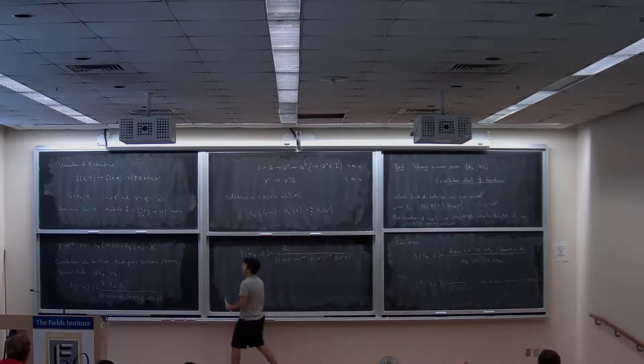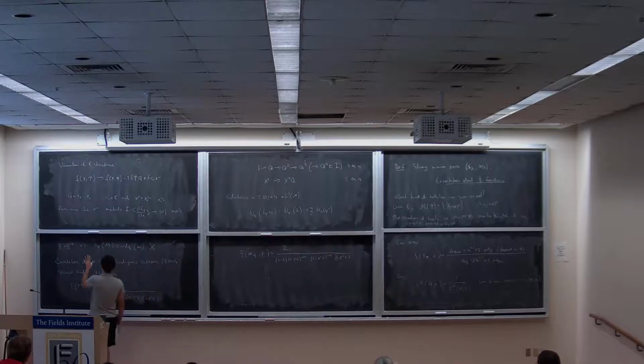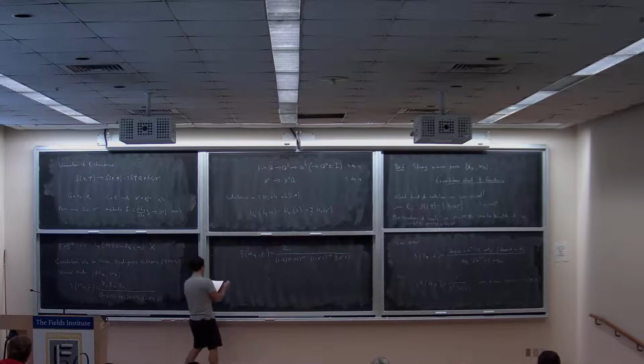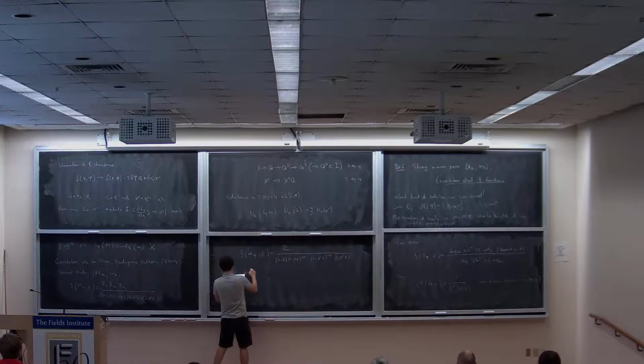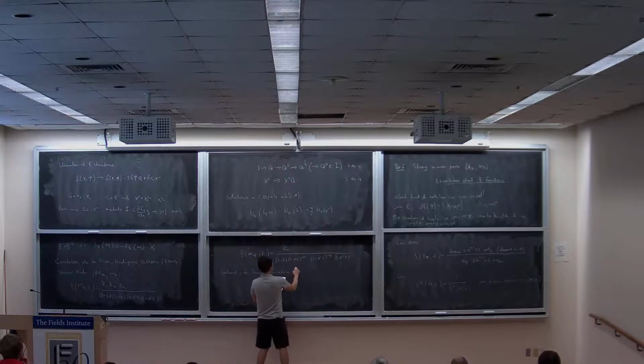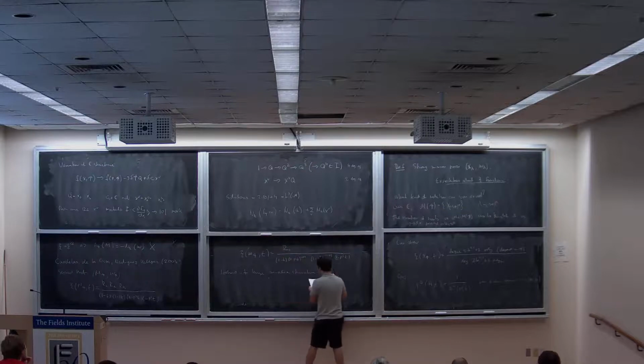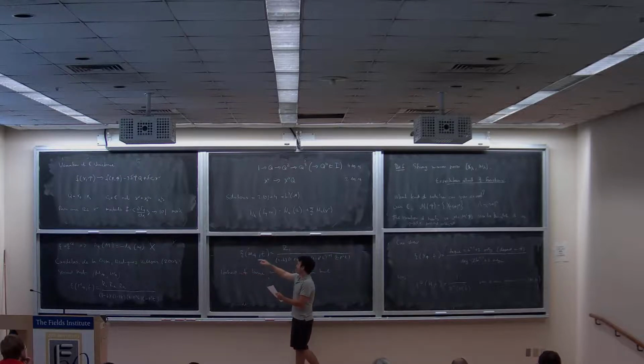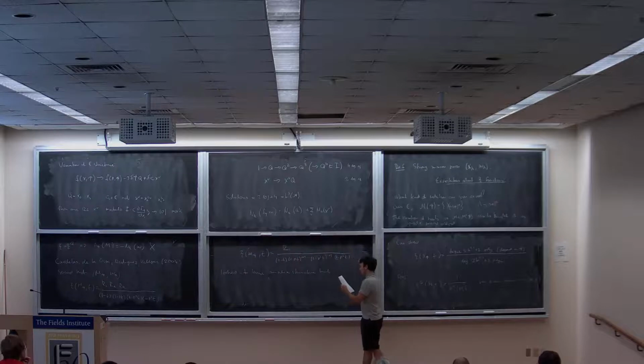But they looked at the large complex structure limit. Okay. And in this limit, what they wanted was to identify the denominator of that function with the large complex structure limit of R1.